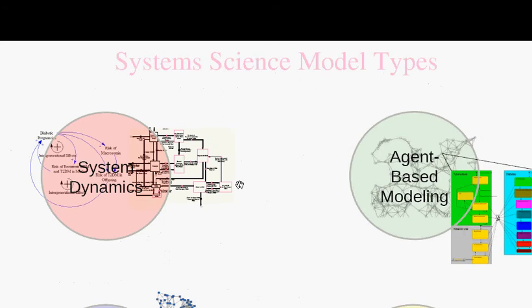Just to orient people, there are a variety of system science approaches applied in health. Four of them are listed here, which are particularly popular and which our group has used substantially. So system dynamics, agent-based modeling, social network analysis, and discrete event modeling.